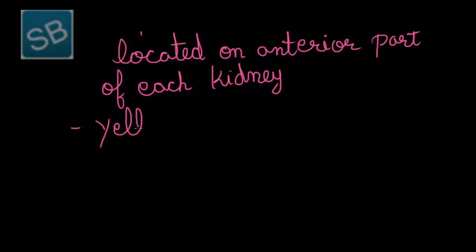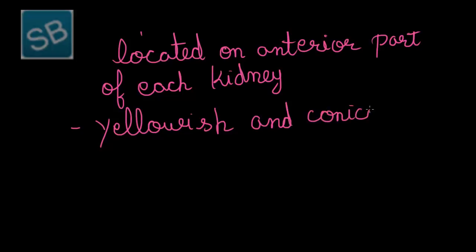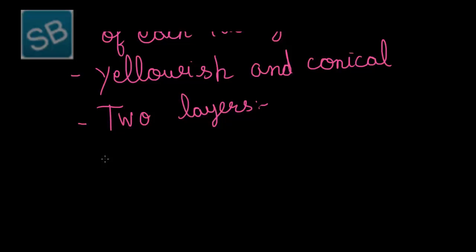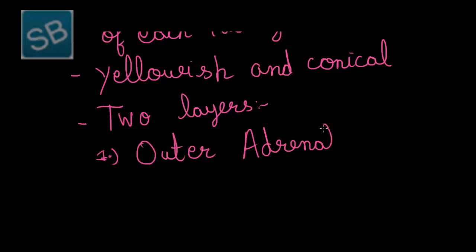Thus, the structure includes yellowish color and conical shape and is made up of two layers, which includes the outer adrenal cortex and the inner adrenal medulla.